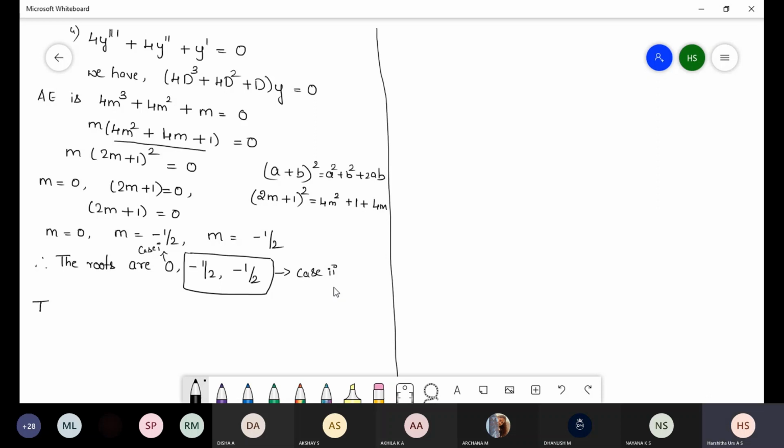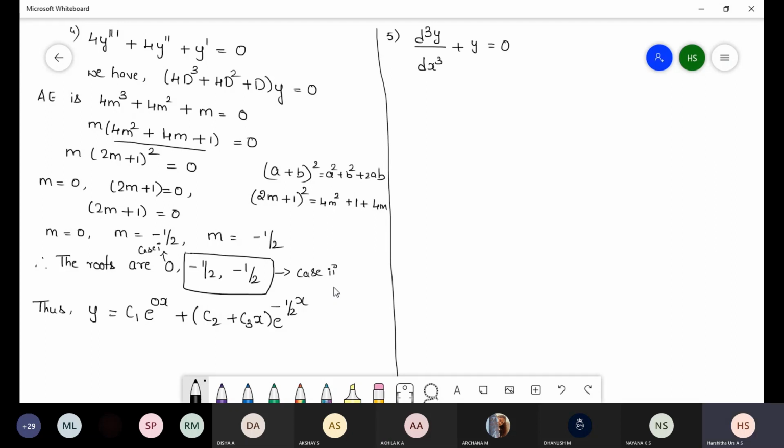So thus y is equal to, case 1 means c1 e power m value, which is 0, x, again plus repeated values. C1 is already over. C2 plus C3 x into e power minus 1 by 2 into x. This is the general solution.